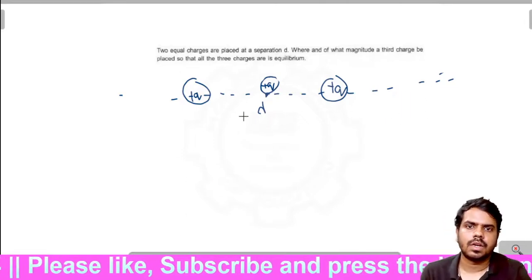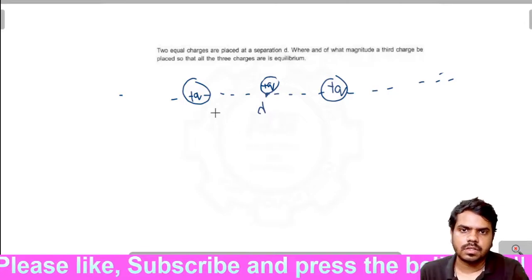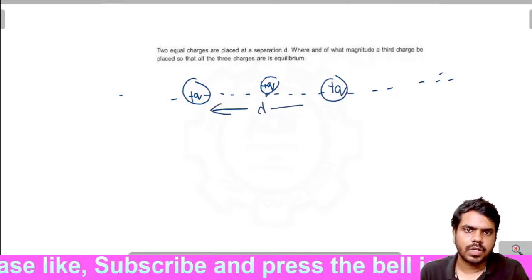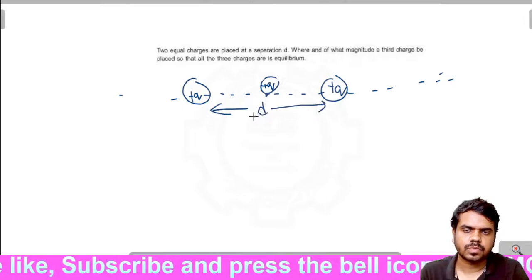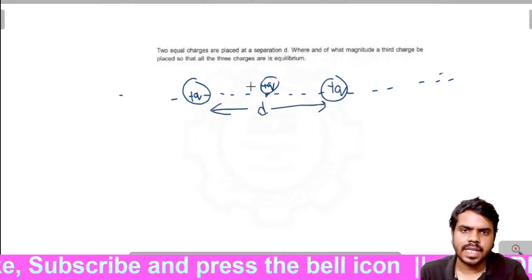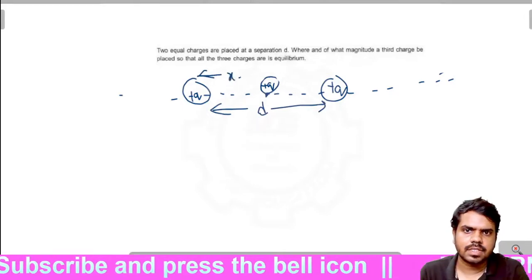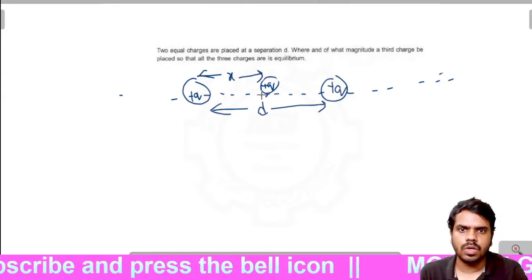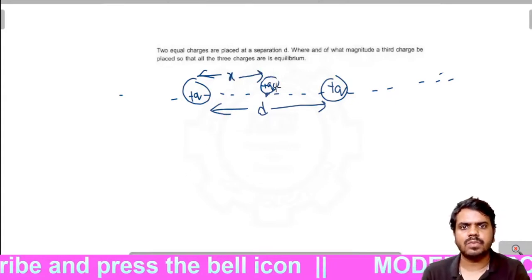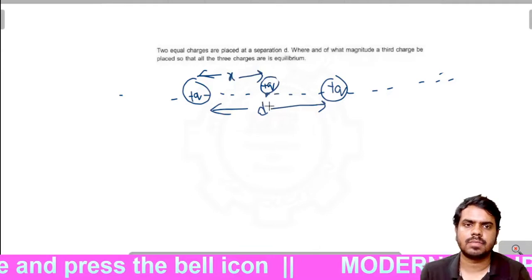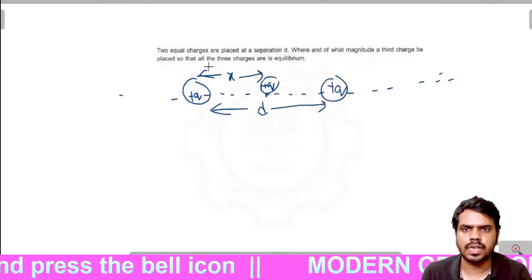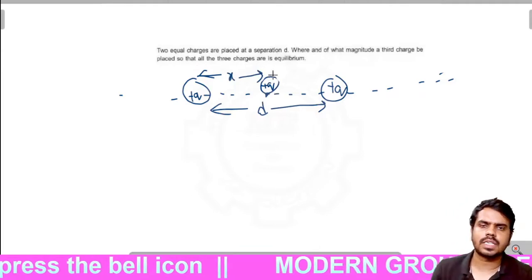Now this is the distance d between the two charges, and take the distance x. This is the distance x. I am applying the equilibrium condition on this charge, but in this question it is written clearly that all three charges are in equilibrium.